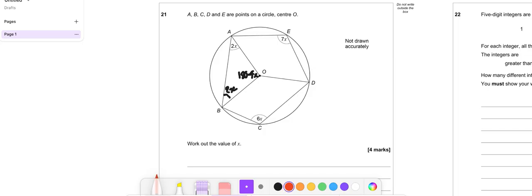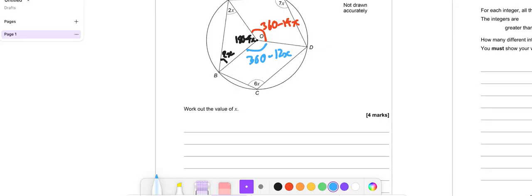So we know that all the way around there is 14x, which means here is 360 minus 14x. Which means that, by similar logic, this is 360 minus 12x.